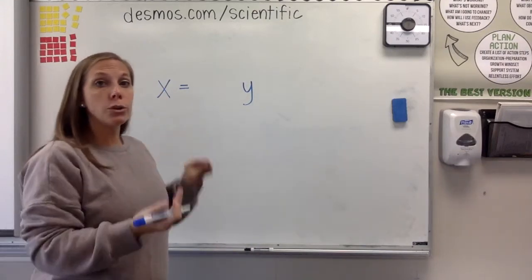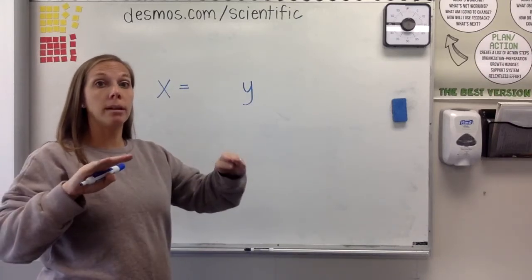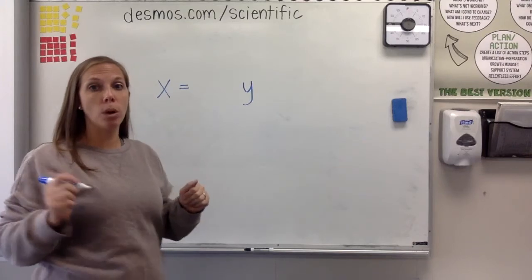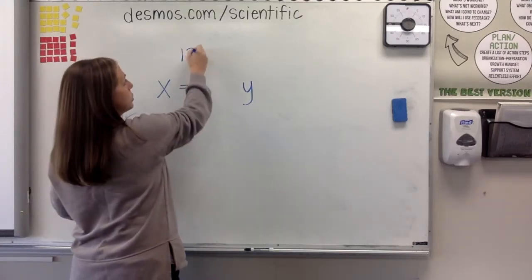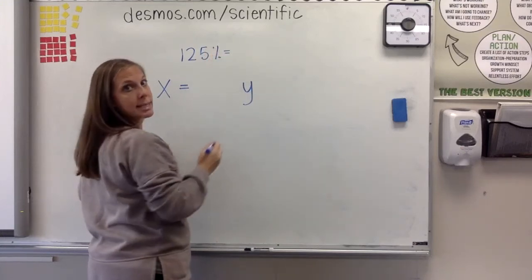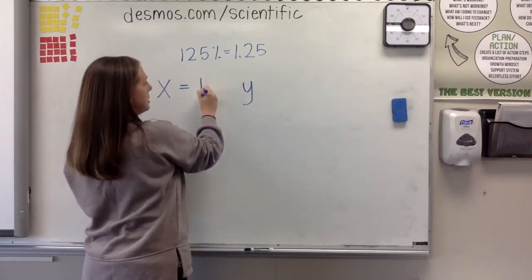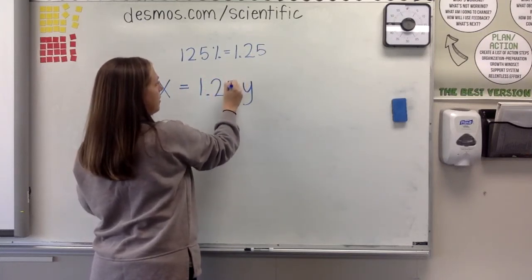So if it increased 25%, that means it had 100% and 25% more, which is 125%, which as a decimal is 1.25.